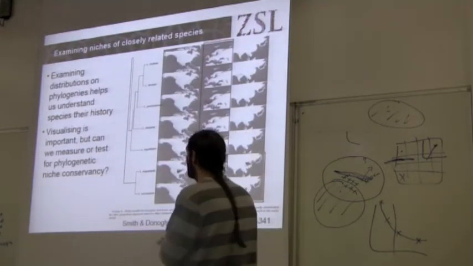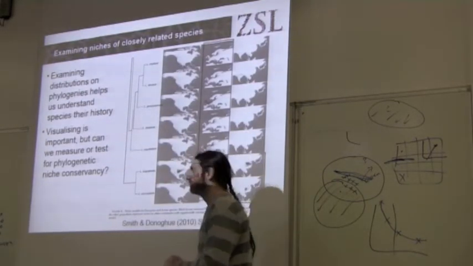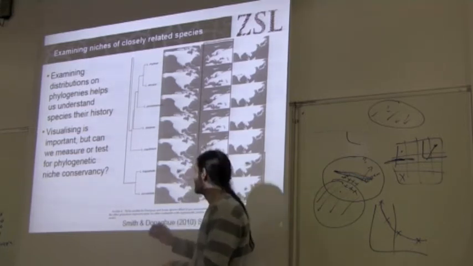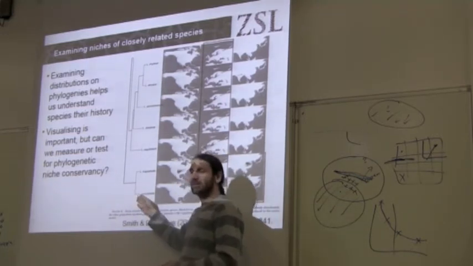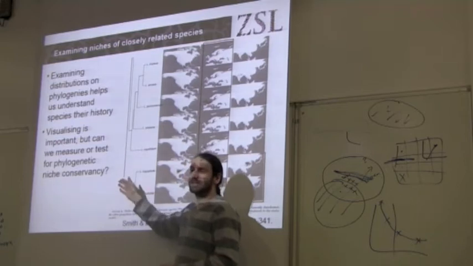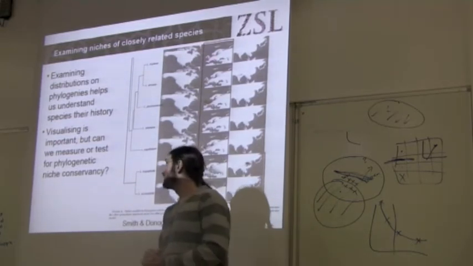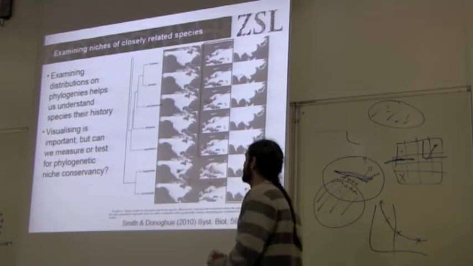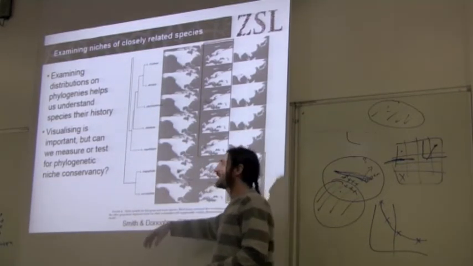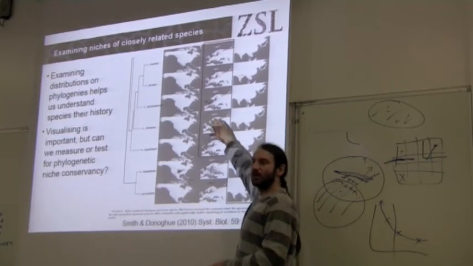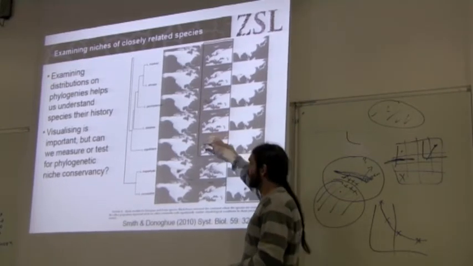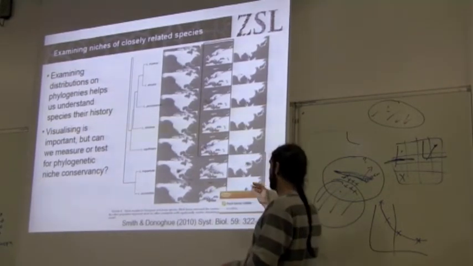Okay. So let's assume now that we've got a good phylogeny, and we can interpret the branch length as age to most recent common ancestor. Okay. We can then do things like use this phylogeny and look at our reconstructed niches for all of these species on our phylogeny.